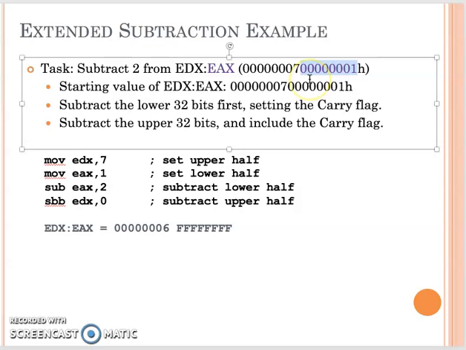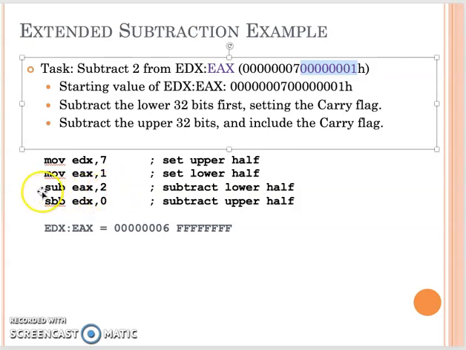Of course, we can only do 32 bits one time, right? So we use the EAX to subtract the 2. 1 minus 2 becomes FFFFFFFF, right? And the carry flag will be borrowed. So that's why you see here the value EDX equal to 7, EAX equal to 1.